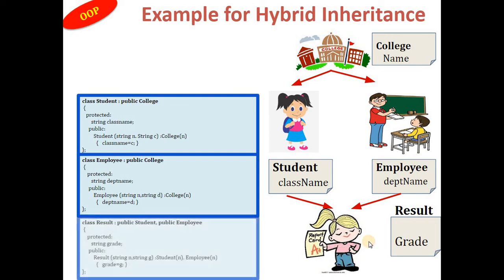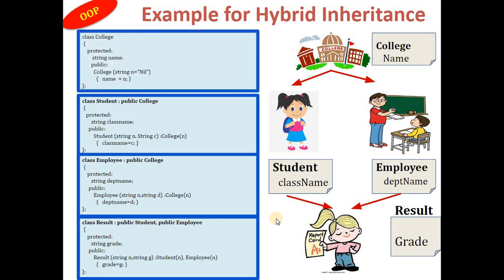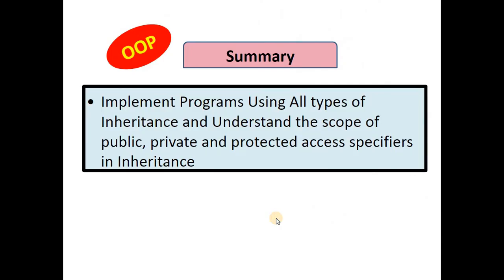So this is class result colon public student, comma, public employee. So this is multiple inheritance. When we combine all these types of inheritance, it becomes an example of hybrid inheritance. So this is all we are writing and doing the programs for all types of inheritance and understanding the scope of public, private and protected access specifiers in inheritance.